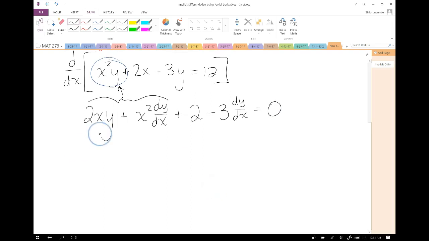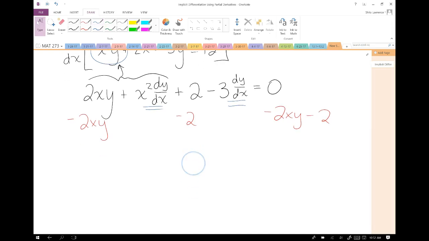So we've gone through and we've differentiated everything with respect to x. And now we're going to move everything that does not have a dy dx over to the right-hand side, which means we've got to subtract the 2xy and we've got to subtract the 2. We're doing this because I've got two terms here that have dy dx, and I want to solve for dy dx, which means I need to isolate them on one side and factor them out.